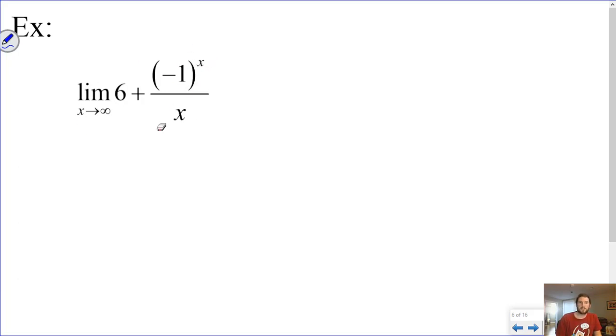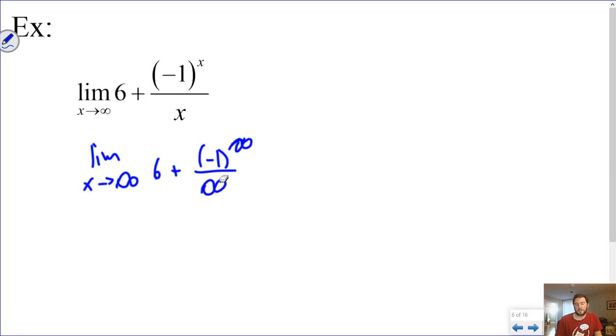There's a couple instances of x, but for this one, it's a matter of understanding what infinity is going to do. So for this one, the first step here is the limit as x approaches infinity for 6 plus -1 to the power infinity over infinity.